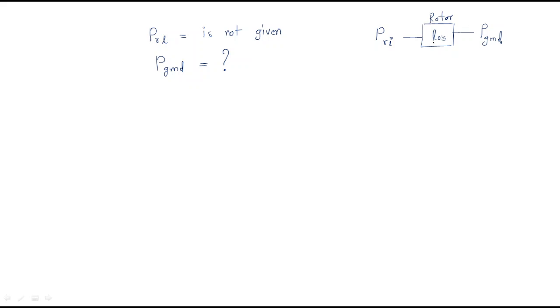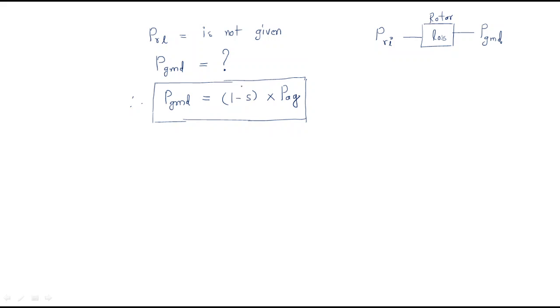But we can find it directly, using the formula: gross mechanical power developed equals 1 minus S into air gap power.